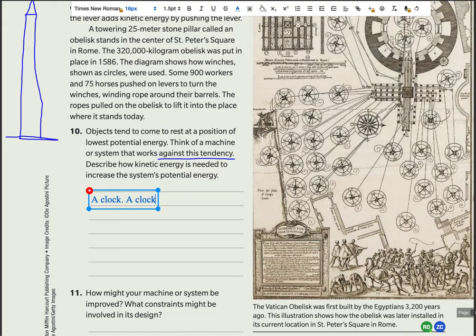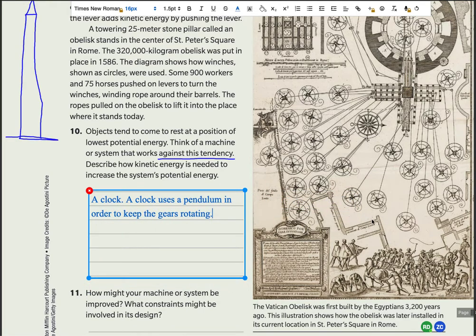A clock uses a pendulum in order to keep the gears rotating. I want to move this over.